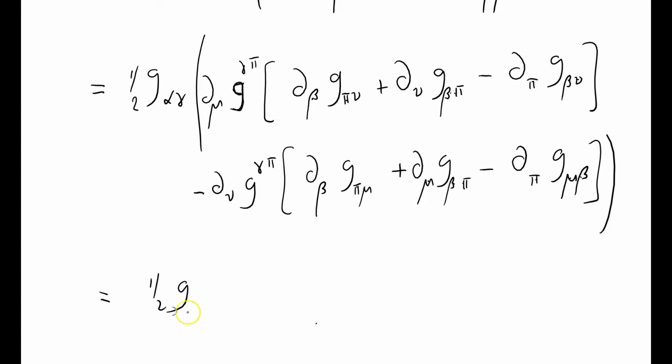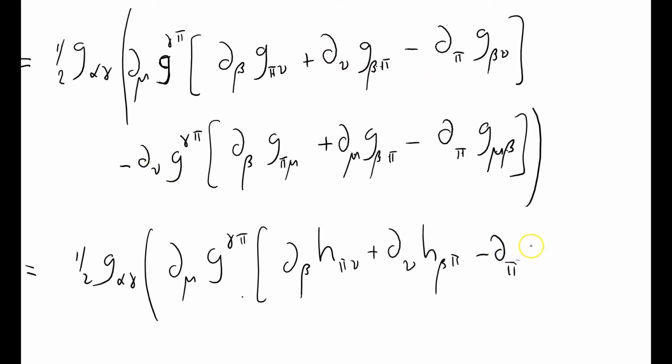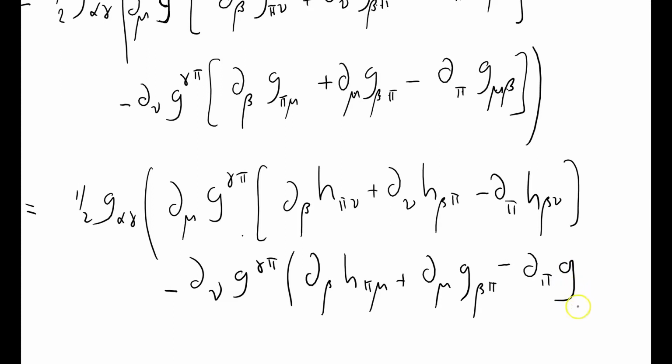Equals a half g alpha gamma times, open brackets, di mu g gamma pi of di beta, I'm just copying from here, and that's an h pi nu plus di nu h beta pi, because all I'm doing is subtracting a constant, minus di pi h beta nu, close once, minus di nu from here, g gamma pi, and then I'll write the second term, di beta h pi mu, plus di mu g beta pi, copying from here, minus di pi g, oh no, it's an h.